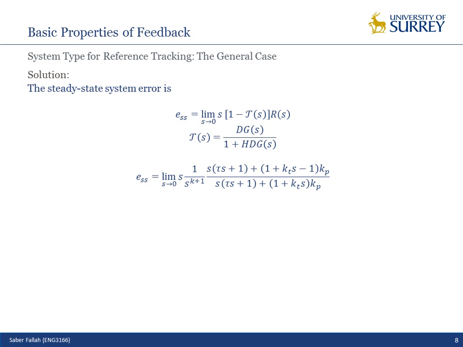For example, if k is 0, this s will be cancelled out with this s, and I will have just 1. If k is equal to 1, I will have 1 over s, so the steady state error will be infinity.